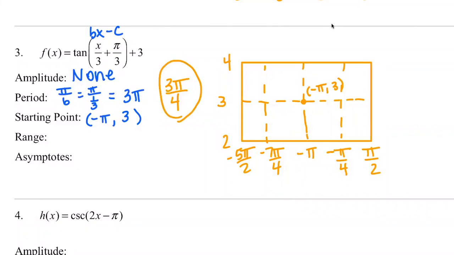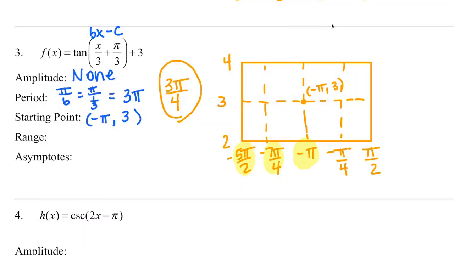So you could take negative pi and add 3 pi over 4 to get to negative pi over 4. We could add 3 pi over 4 to get to pi over 2. Same thing, we could take 3 pi over 4 and subtract it twice to get to these places right here.